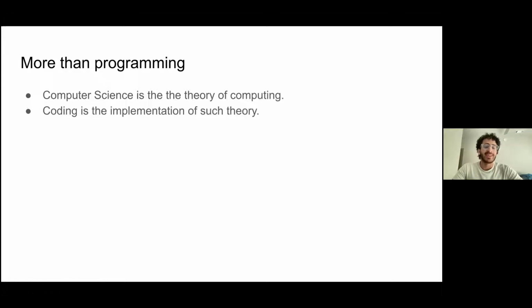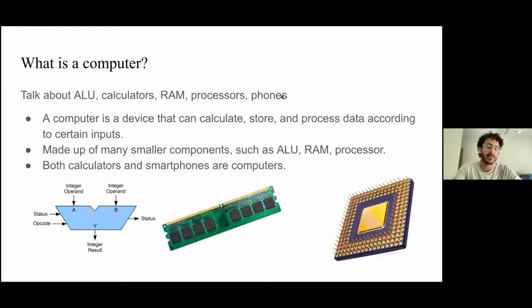But computer science is actually a lot more math than programming. It's because computer science is a theory of computing, and the theory of computing requires a lot of math, because if we look at the slide we discussed previously, computers are basically devices that are really, really good at doing math.